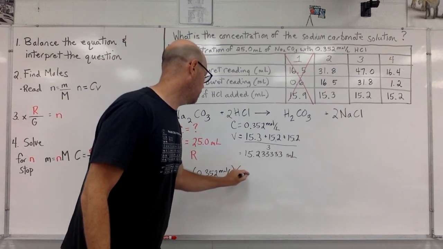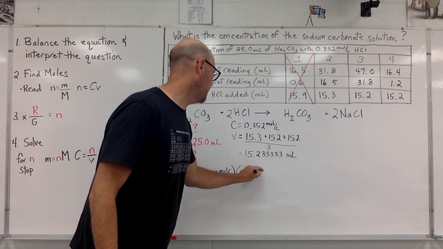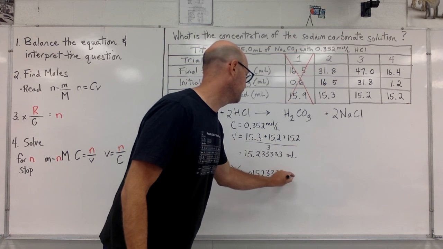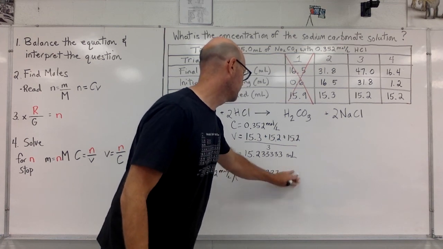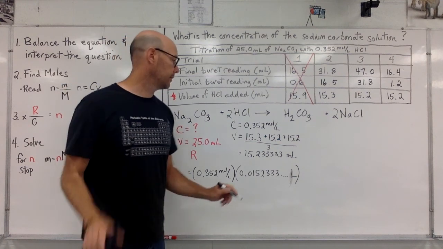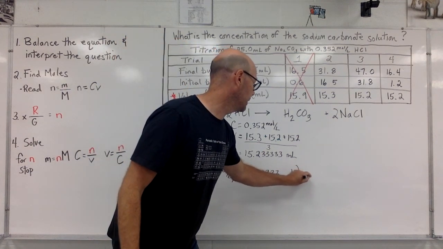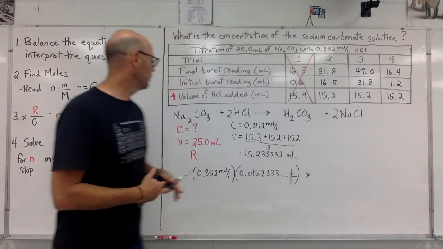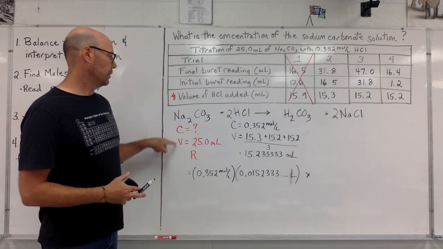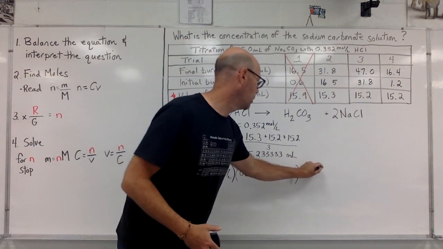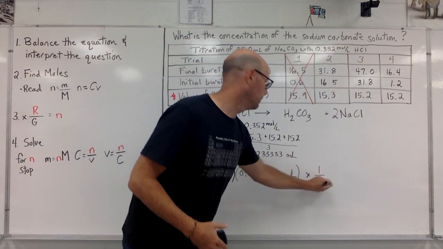The volume is our average here, converted into liters. That's 0.01523333, etc. liters. It's still sitting on my calculator screen. And we're going to multiply by our next step, R over G. R over here, 1 over these given values, 2. 1 over 2.